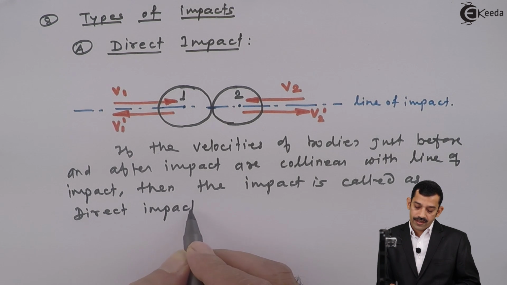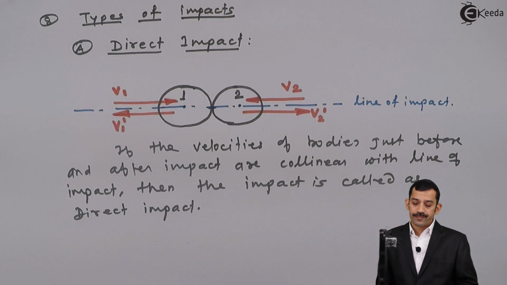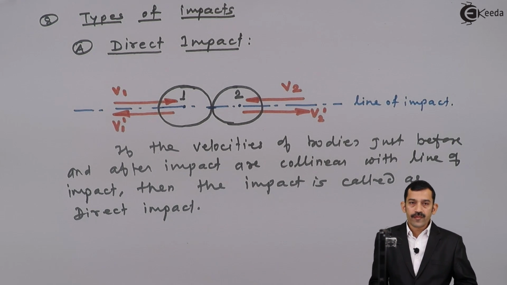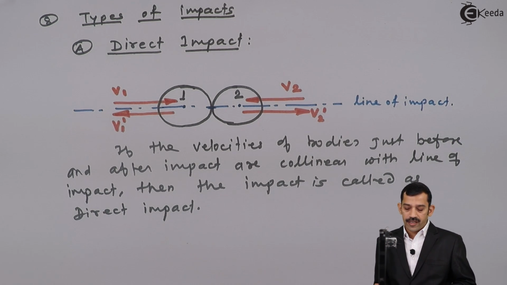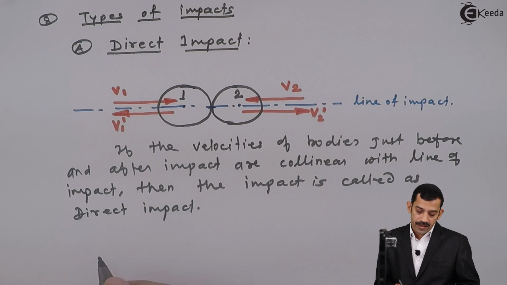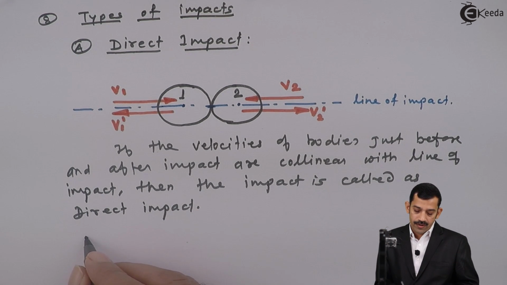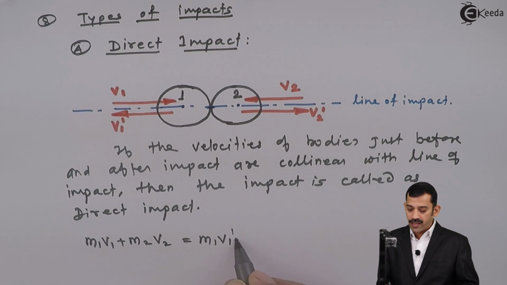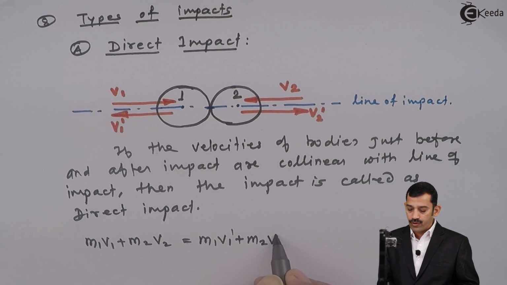Now for such a type of impact, direct impact, the law of conservation of momentum and the coefficient of restitution are directly applicable. Therefore, first what do we get? Law of conservation of momentum: m1 v1 plus m2 v2 equals m1 v1 dash plus m2 v2 dash. This one is number one.